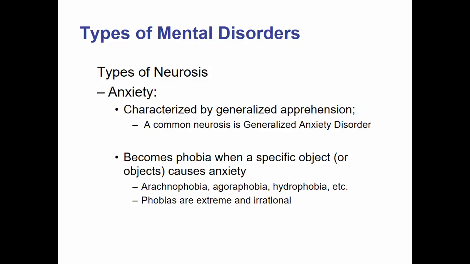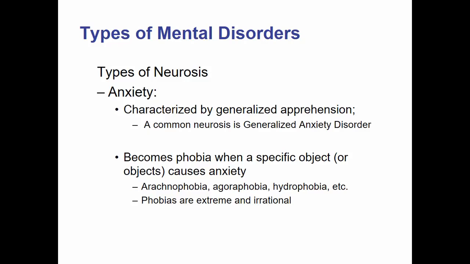There are multiple types of neurosis. Anxiety is one of the more common types of neurosis. This is characterized by a generalized apprehension, and a common type of neurosis anxiety is known as generalized anxiety disorder. This is a neurosis in which the individual feels uneasy all of the time for really no discernible reason.